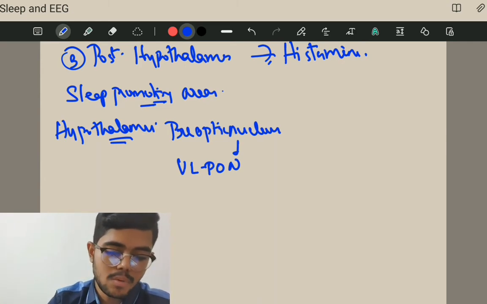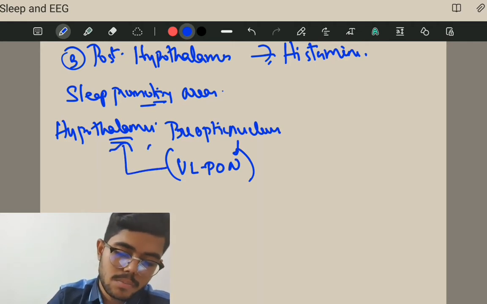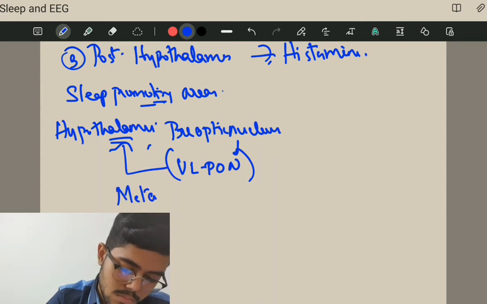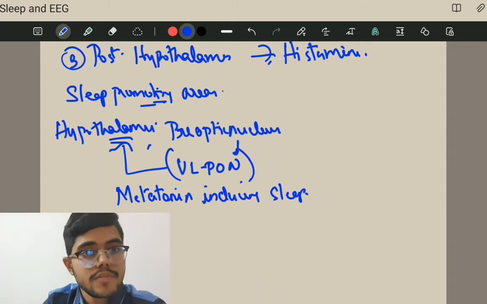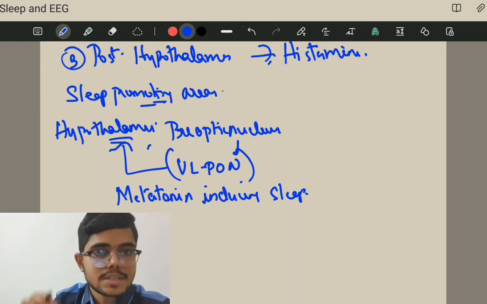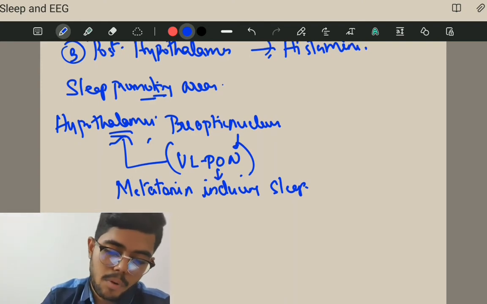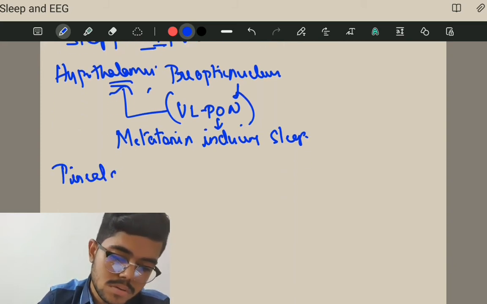So VLPON, please remember in the hypothalamus. This is because it is melatonin inducing sleep. So the hypothalamus is mainly controlled by VLPON, the ventrolateral preoptic nucleus, where the melatonin is inducing the sleep. Next important gland is our pineal gland, which we discussed before.